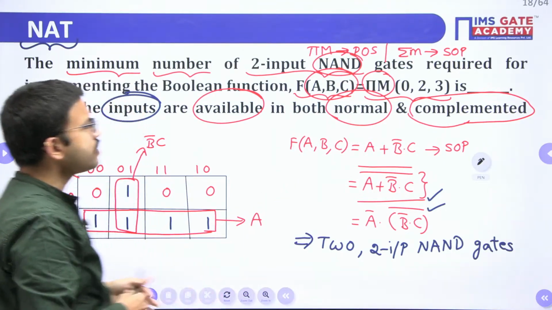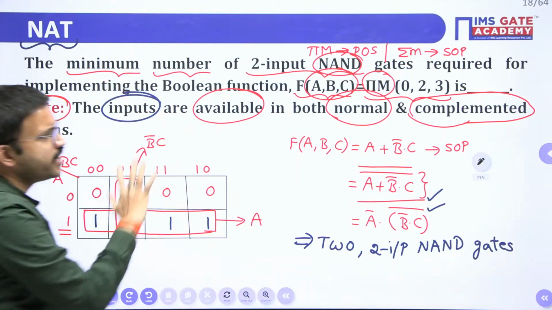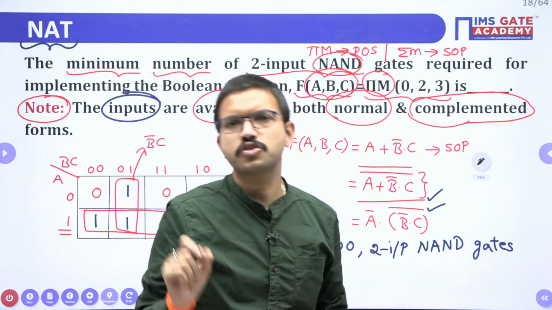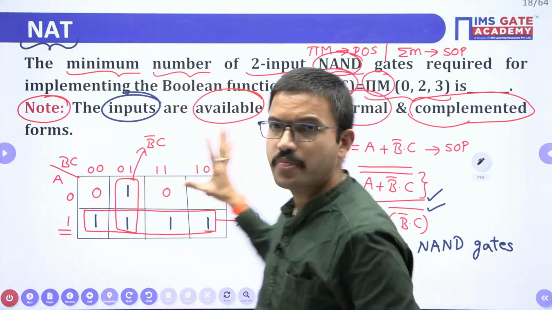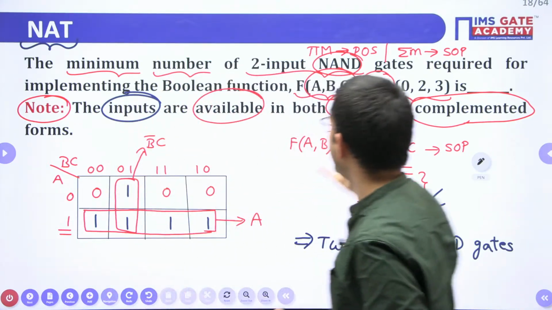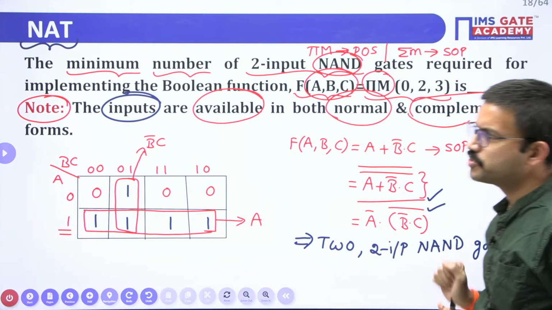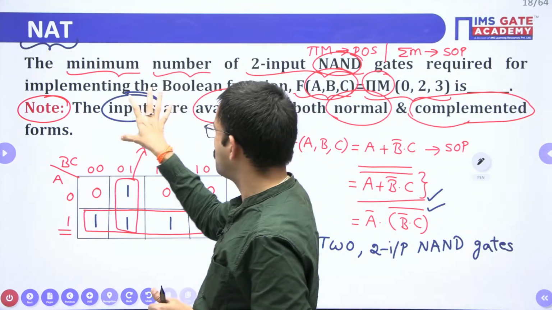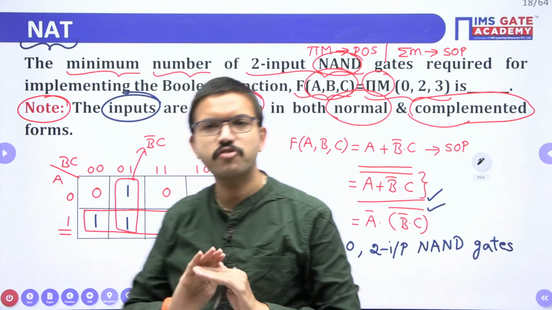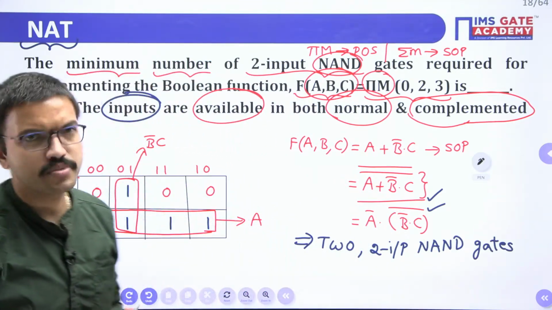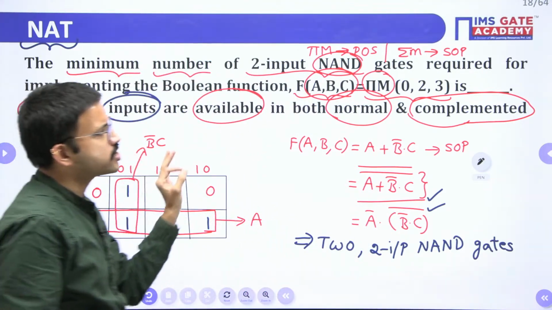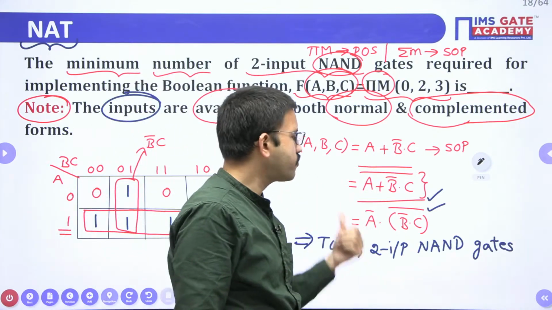So whenever you are attempting any question related to logic gates, just read the question carefully. Sometimes in the question they will mention that both the normal and complement inputs are available. Sometimes they will mention only normal inputs are available. Sometimes they won't mention anything regarding input variables, right? So based on the context, you have to answer carefully.